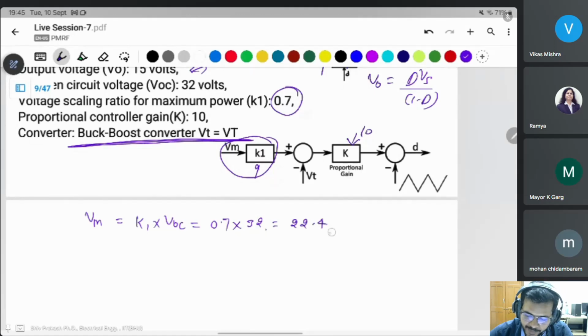You can say it is about the maximum point. This will be the same as Vin, the maximum power point Vin of the converter.